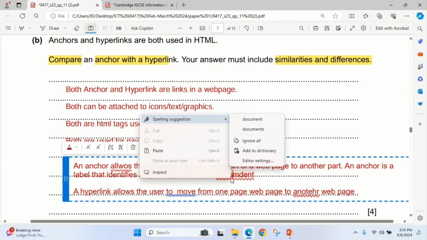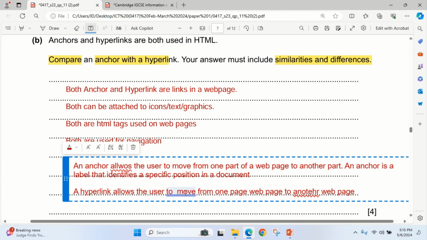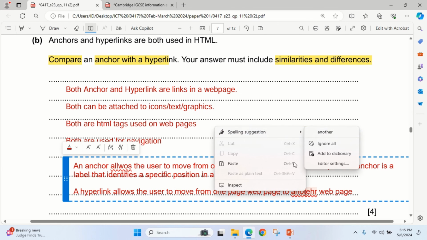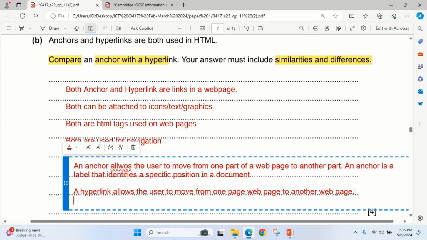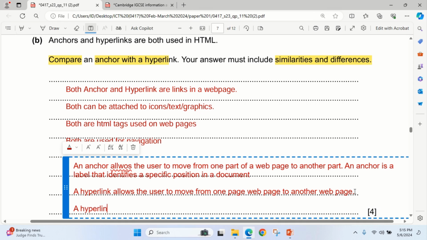Another thing that you can say, let me just correct all this typo. Okay. Another thing you can say is that a hyperlink is usually clickable, unlike an anchor.